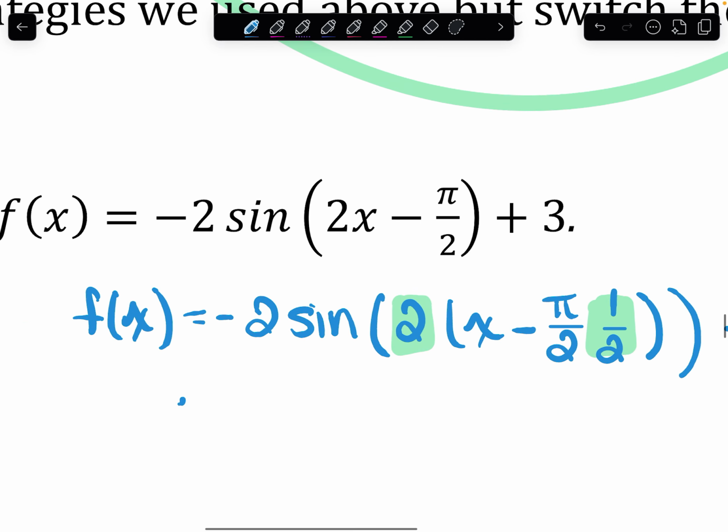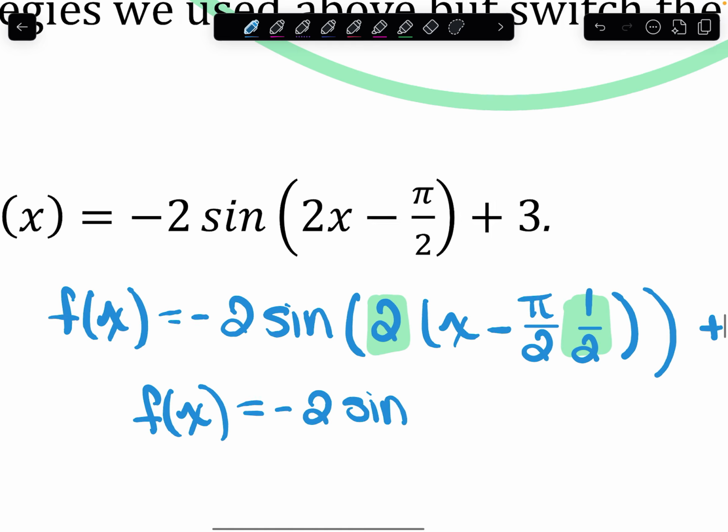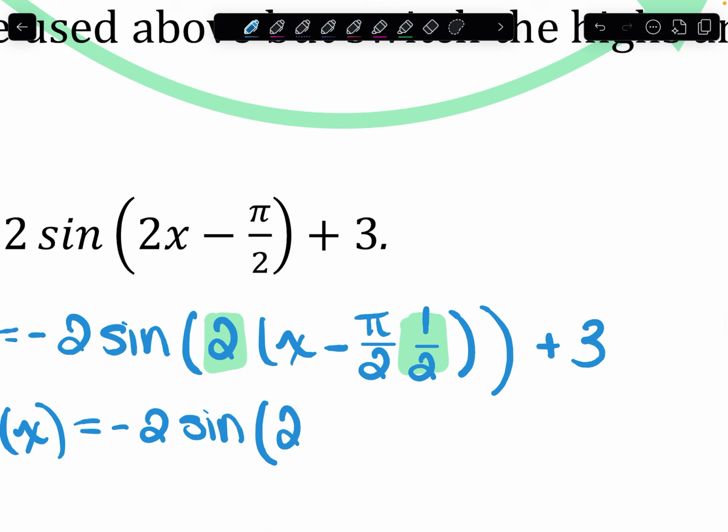So that's kind of like factoring it, though it doesn't factor nicely. So we have 2 times (x minus pi over 4), plus 3.